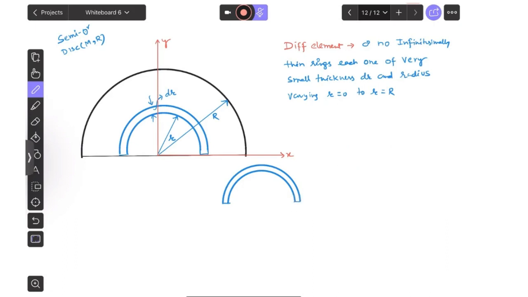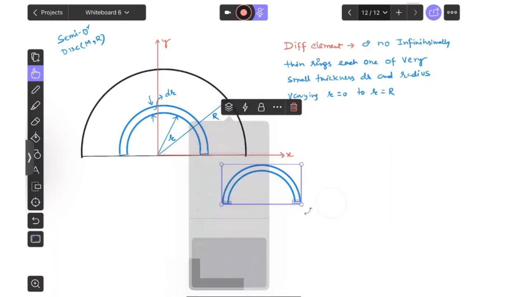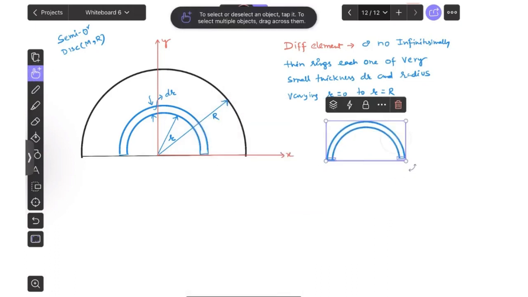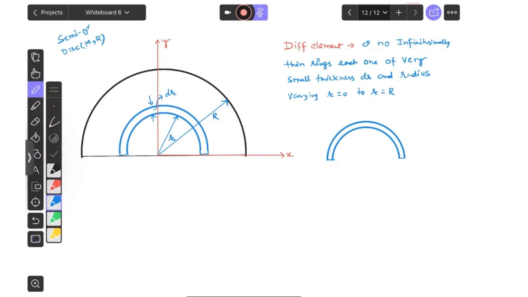So this is the differential element. We'll select one such differential element whose inner radius is r, and the outer radius is r plus dr.